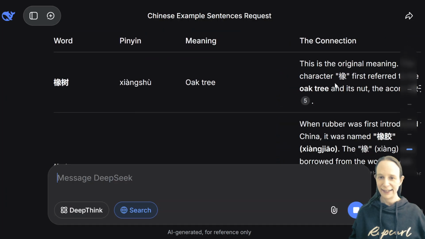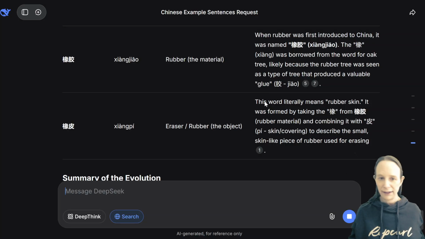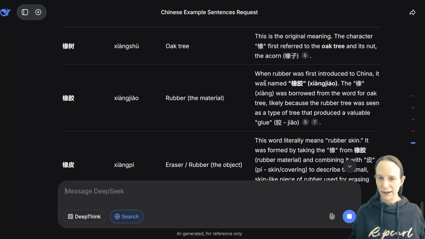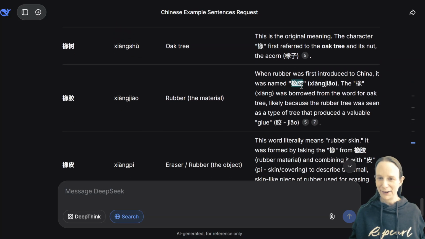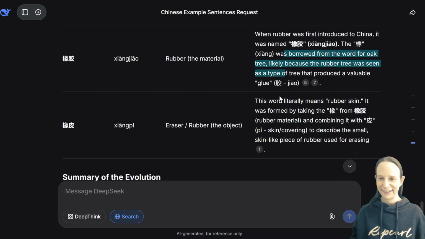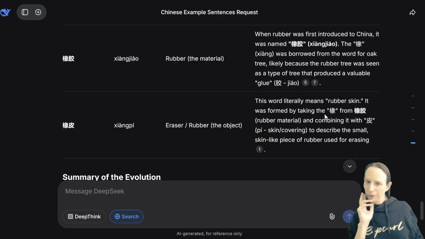Oak tree. So rubber was introduced to China, and maybe they didn't know it was not an oak or something. I don't know. Rubber skin. It was formed by taking the xiang from 橡胶.